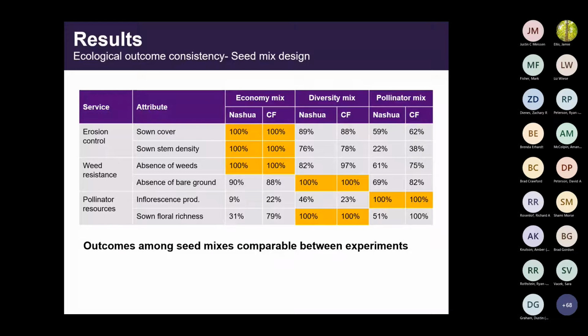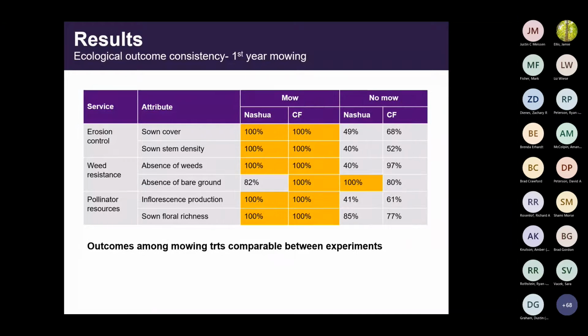And the pollinator mix consistently produced the most flowers in both experiments. Then if we take a look at mowing, we found that the differences in ecosystem service provision between mowing treatments were also relatively comparable between the experiments. General erosion control, weed resistance, and pollinator resources were higher in the mown subplots than unmown subplots at both sites. The only situation where that was not consistent was absence of bare ground.